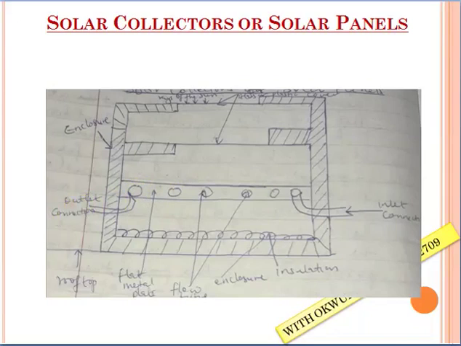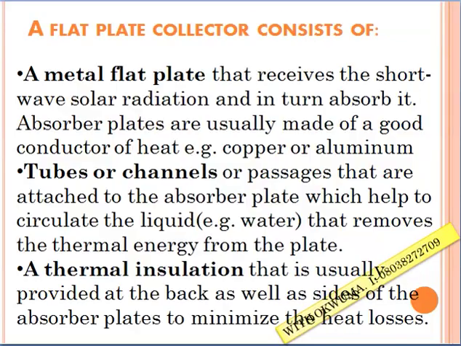The tubes help to circulate the liquid, for example water, that removes the thermal energy from the plate.